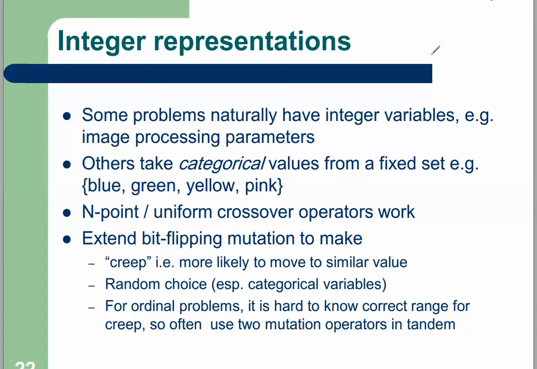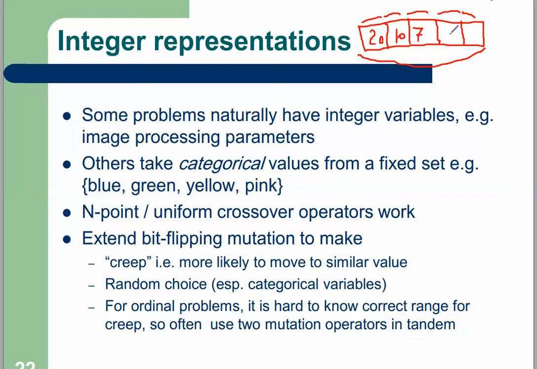Integer representation is one where each individual, or each chromosome, or each solution of the problem includes some genes, and the gene value is an integer. For example, 7, 10, 20, 0, 13, and other integer values.